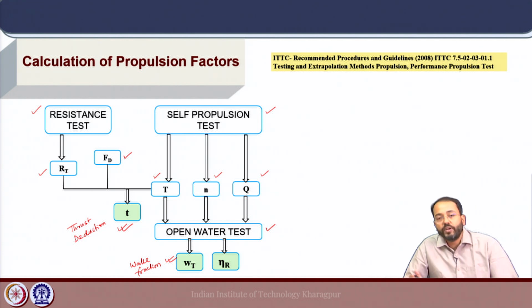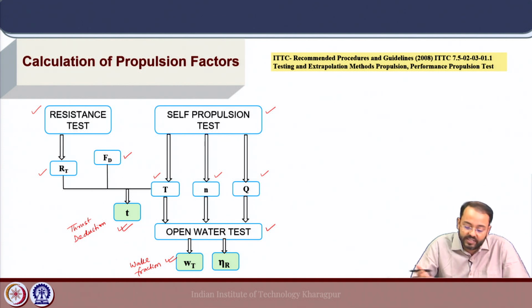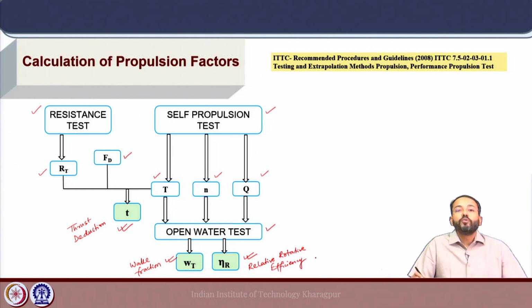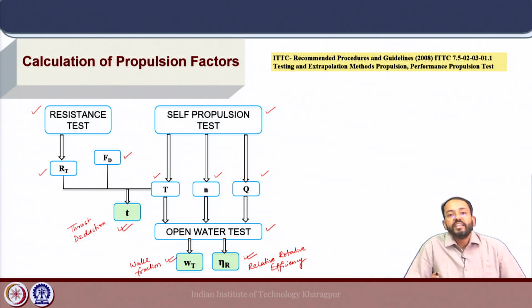We will again go into these calculations in brief in the next slides. And the other propulsion factor here is the relative rotative efficiency, eta r. So, in this way we can use the resistance and self propulsion test along with the open water test data to calculate the propulsion factors which will be required for ship powering.